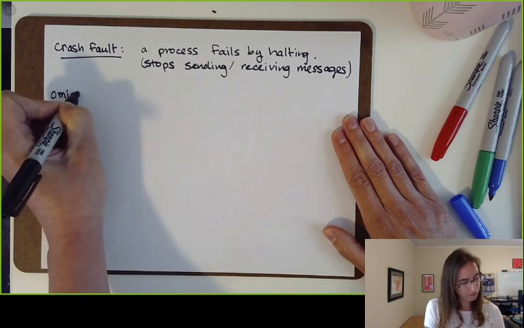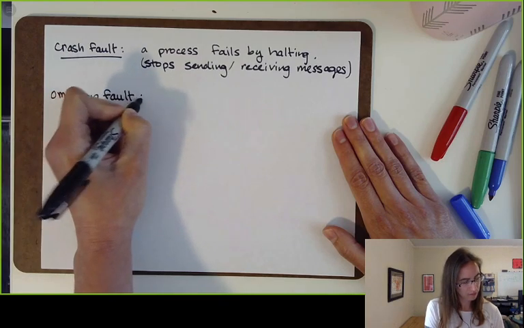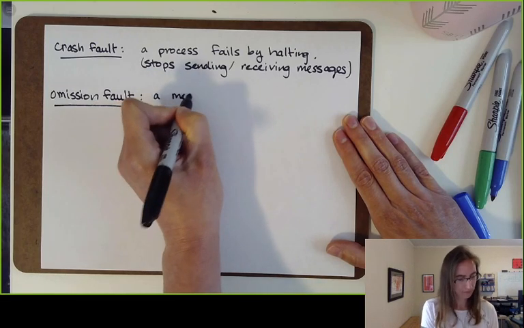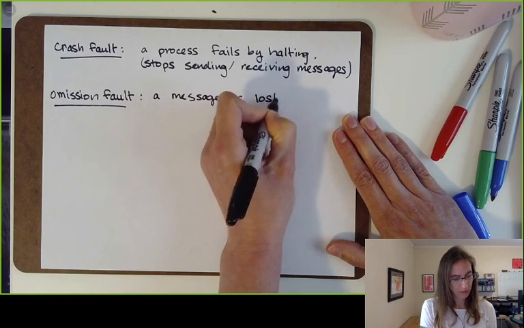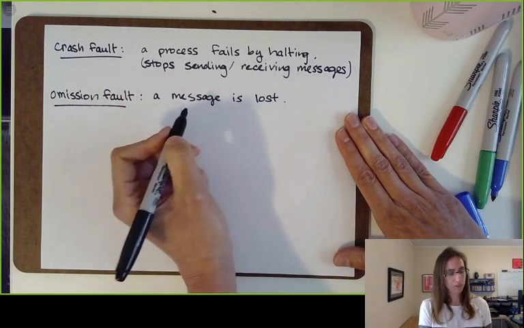Omission faults are when a message is lost. And you could think of this, if you want, as a process failing to send or receive a single message.